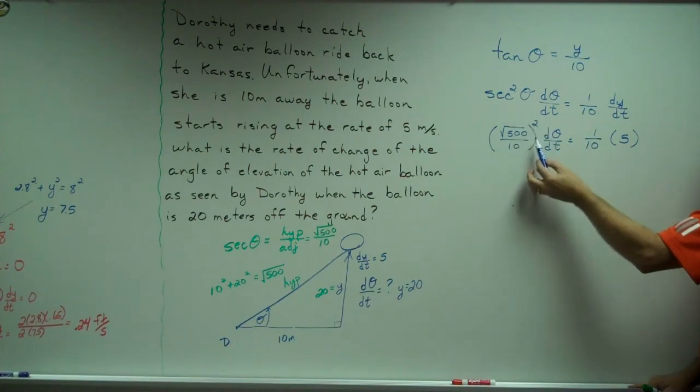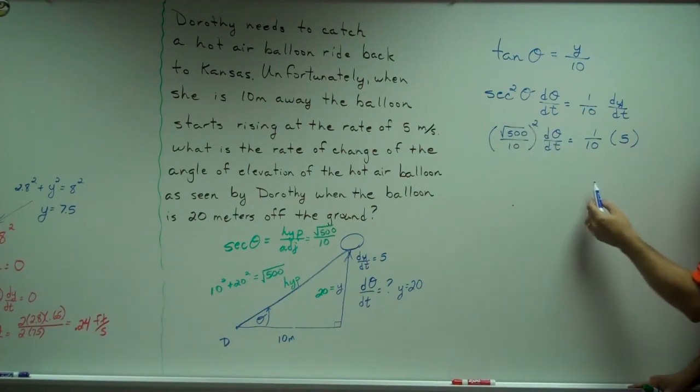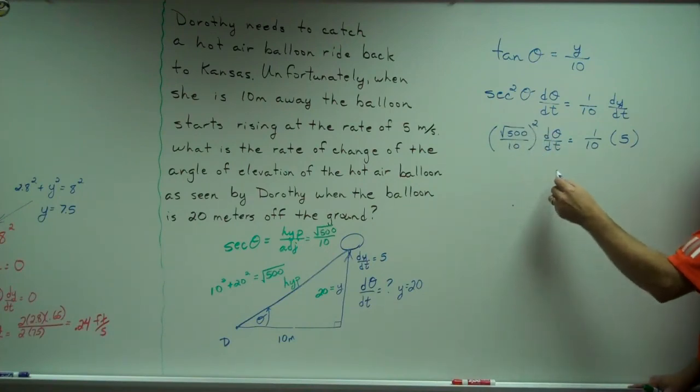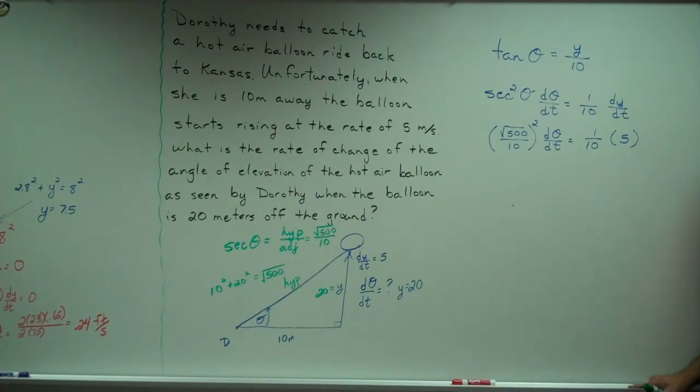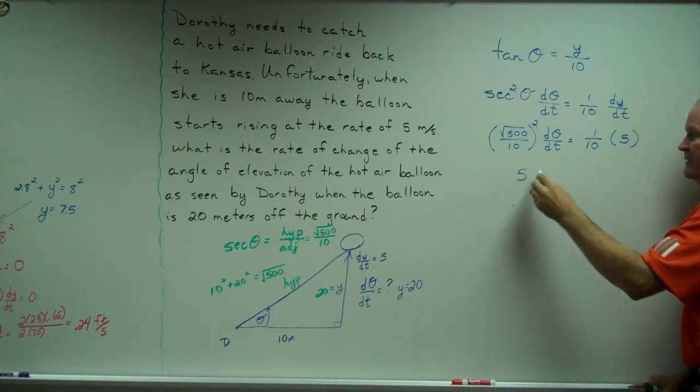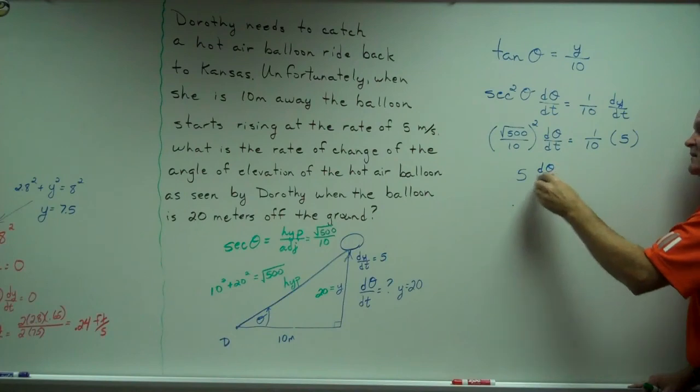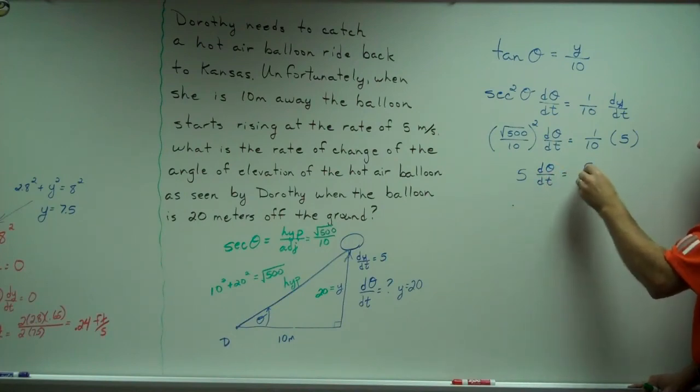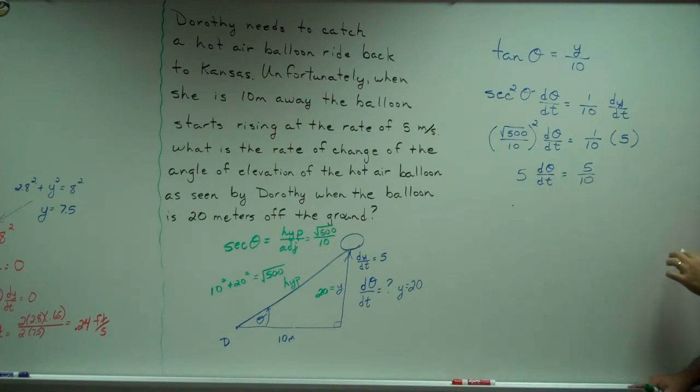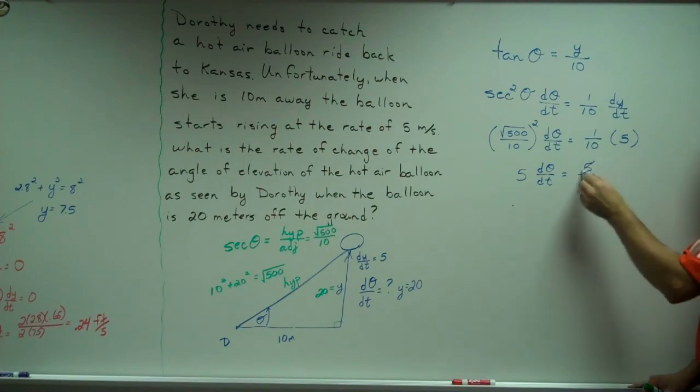Square that. That's 500 over 100, which is just 5, right? 5 d theta dt equals 5 over 10. What can I do to the 5's?